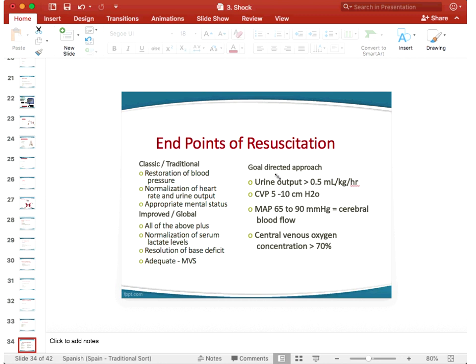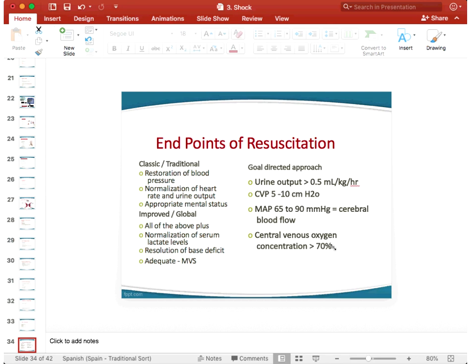So you're going to be measuring his blood pressure. His mean arterial blood pressure ranges from 65 to 90. That will ensure an optimal cerebral blood flow. You will have a central venous oxygen saturation, that means your venous blood gas, of above 70.